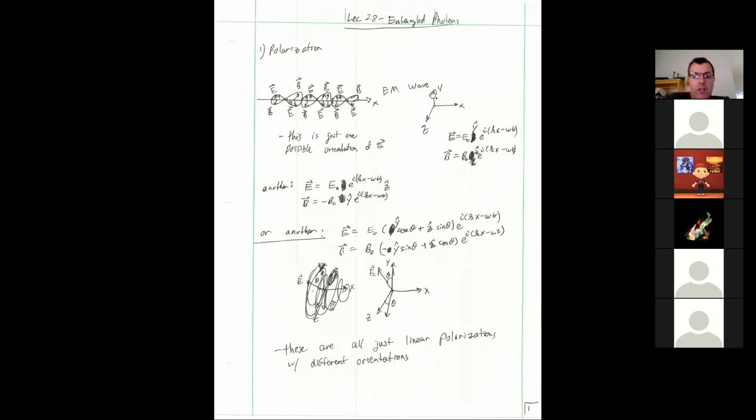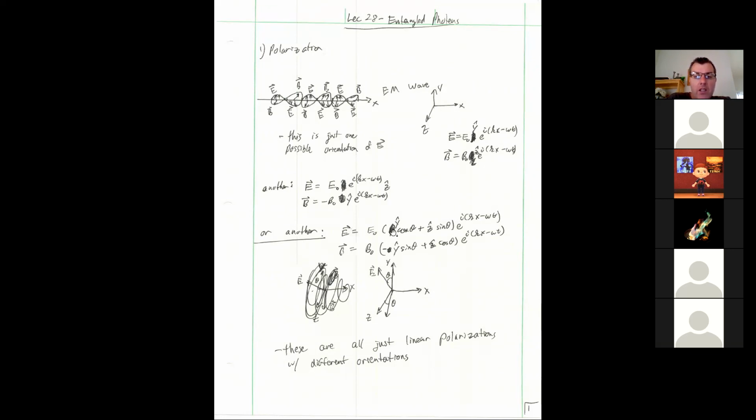And these are all just linear polarizations. Linear meaning that the field always points in a line along the plus or minus y direction, or plus or minus z direction, or plus or minus some intermediate direction. They have different orientations. They're all valid.